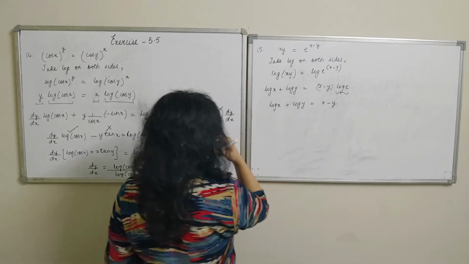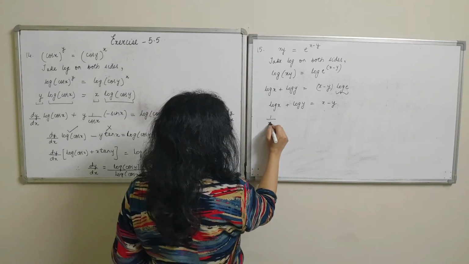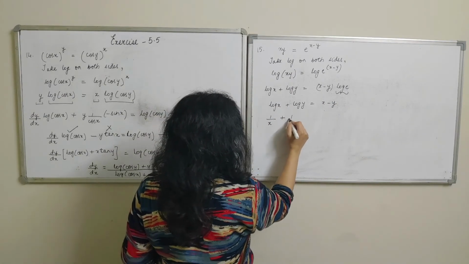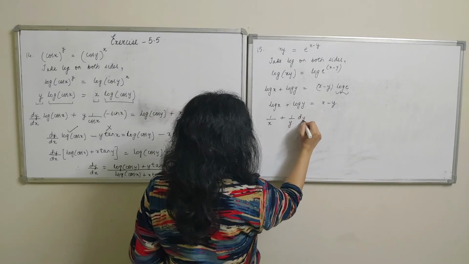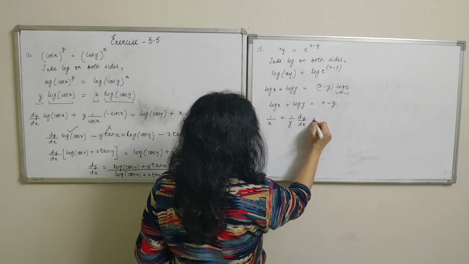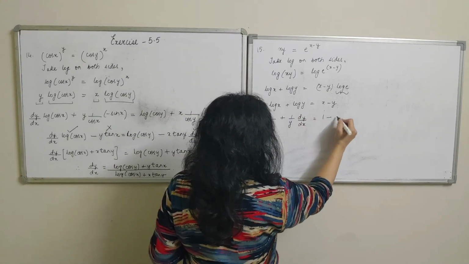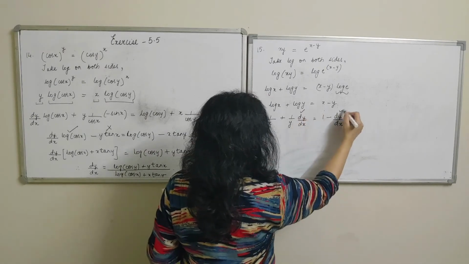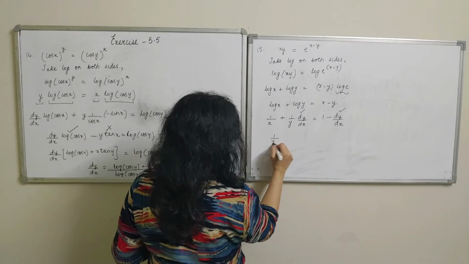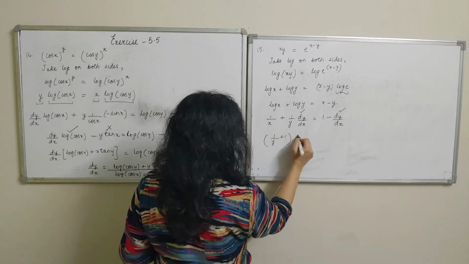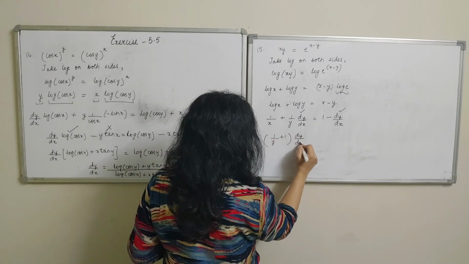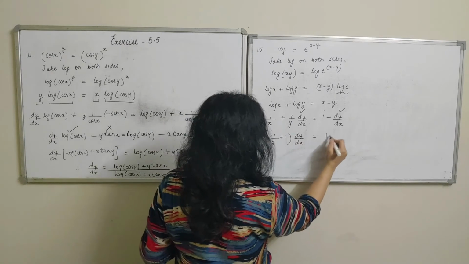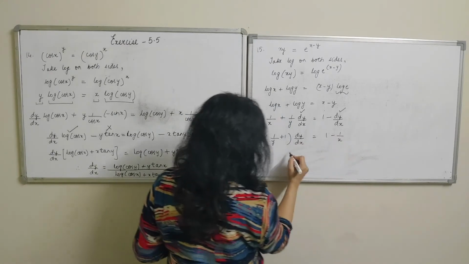So the expression in the simplest form is this. Now it's easy to differentiate. So derivative of log x, derivative of log y is this, derivative of x minus derivative of y. So derivative terms, 1 upon y plus 1 dy by dx equal to 1 minus 1 by x.